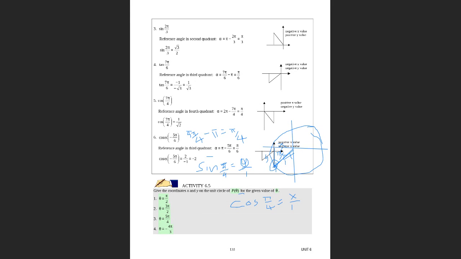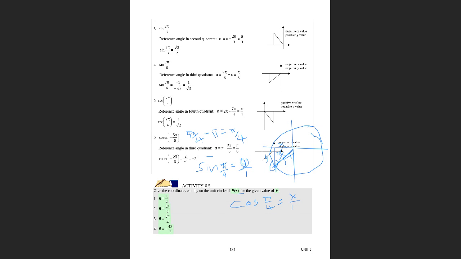Is it going to be square root 2 over 2 and square root 2 over 2?